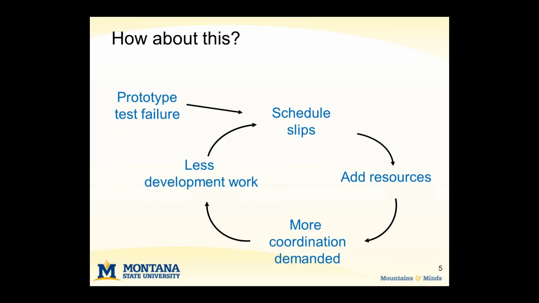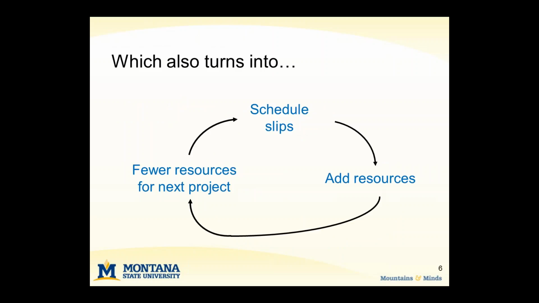Well, of course, whenever you add more resources, that requires additional coordination on the team. That means less time for development work, and even though the team is bigger, you might actually find that the schedule still continues to slip. And if we continue along that path, of course, we can end up in another vicious cycle. And of course, where do those resources come from? Well, they come from the next project, which means that project starts behind.